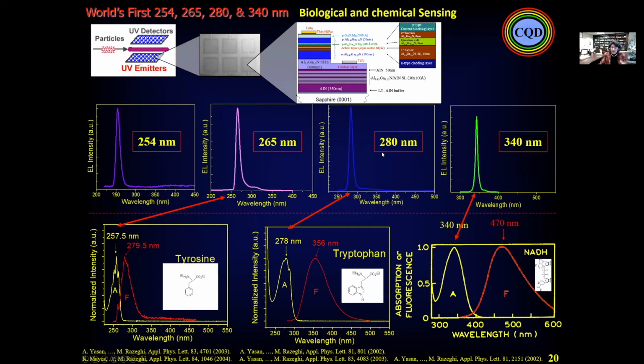If I take only 280 nanometers, and I shine it on a few molecules of anthrax, I can create fluorescence, and with the detector I can detect a few molecules of anthrax from afar. That was at the time when anthrax was very important, and we did that under a contract from DARPA.